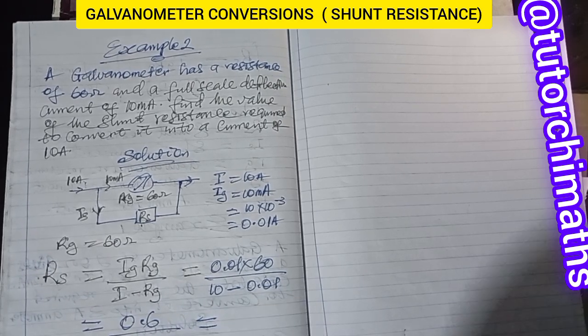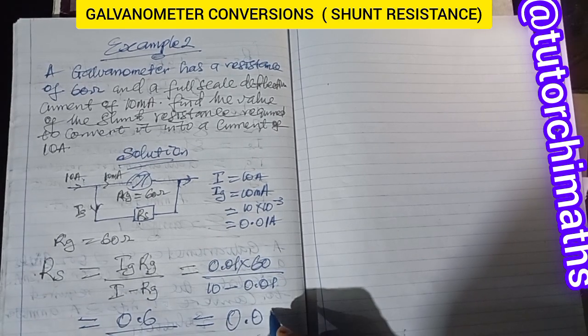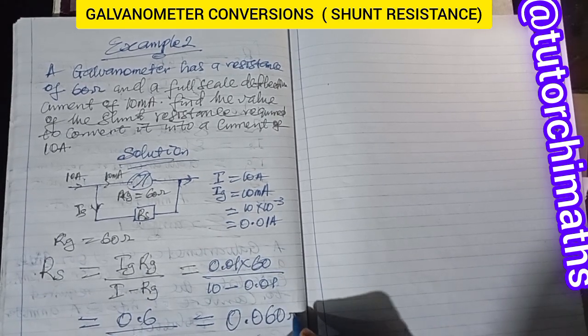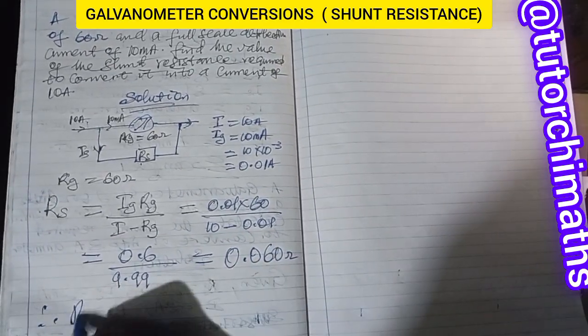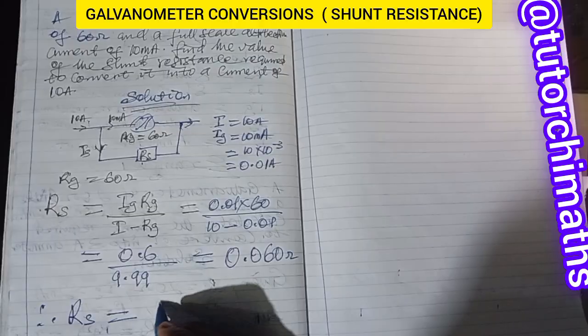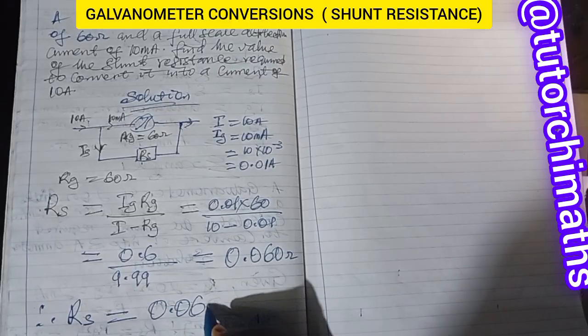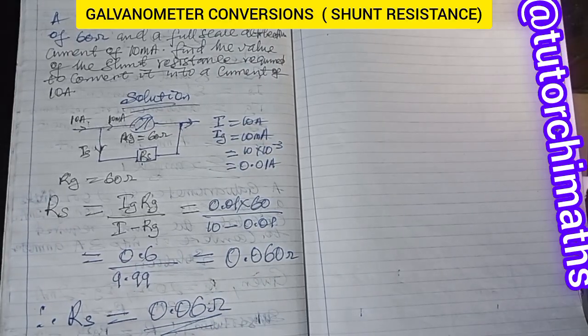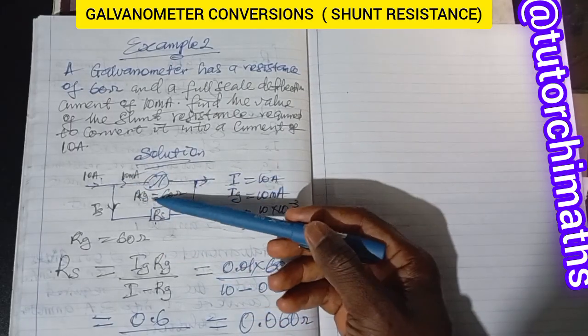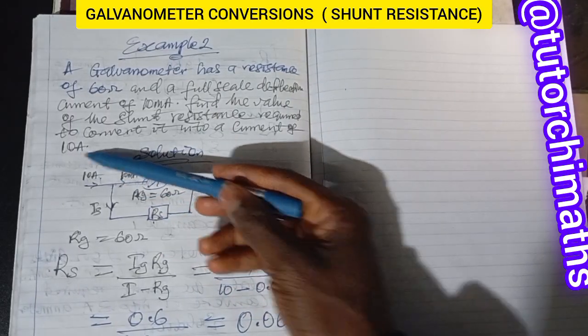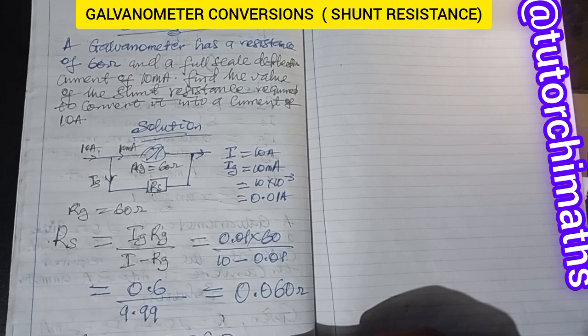This is equal to 0.060 ohms. Okay. Therefore, RS is equal to 0.06 ohms approximately. So the value of the resistance needed to convert this galvanometer to read up to 10 amperes is 0.06.